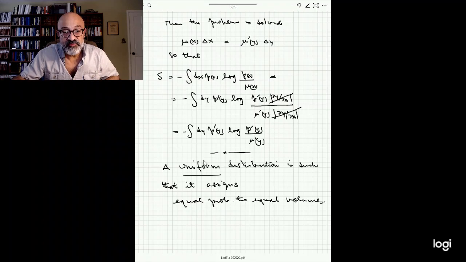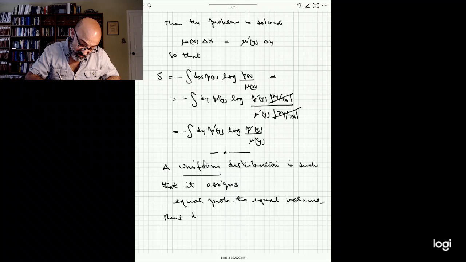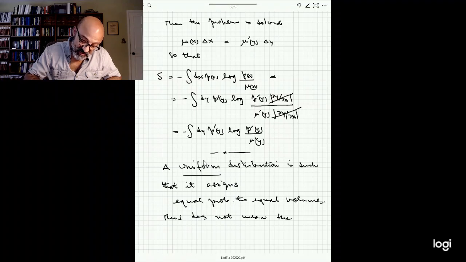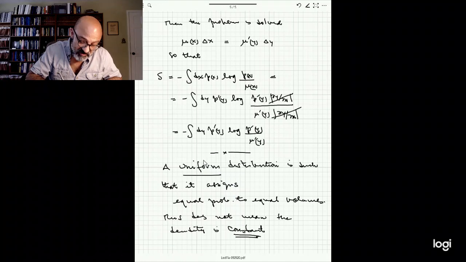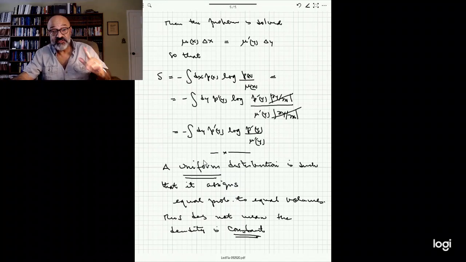That's what uniform means. This does not mean the distribution is constant. The density is constant. Uniform and constant are not the same thing.